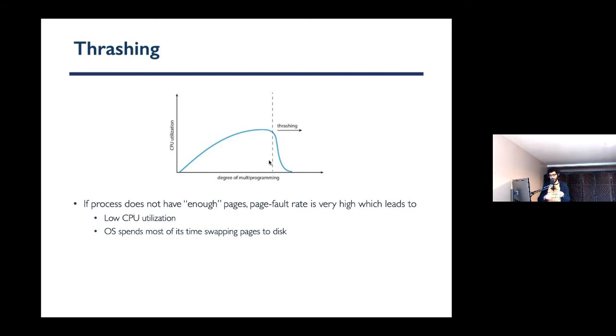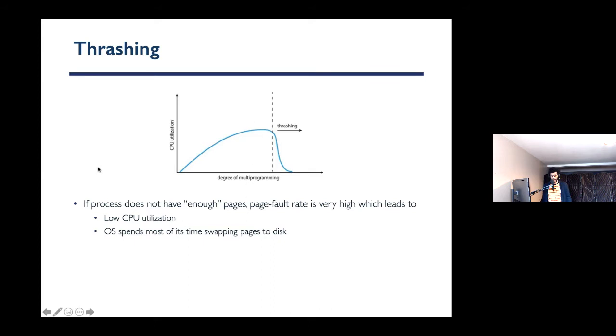Now, you evict one, you start running the other one, and you still don't have memory, you have to evict another one, and then when you get to this situation when you're starting to do a lot of memory swapping back and forth between the storage and your memory, well, CPU utilization goes down because instead of doing actual computation, you end up doing memory swaps between your memory and storage.